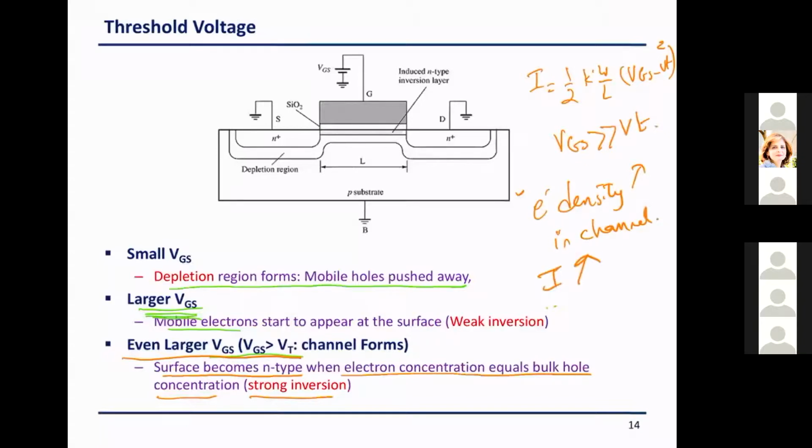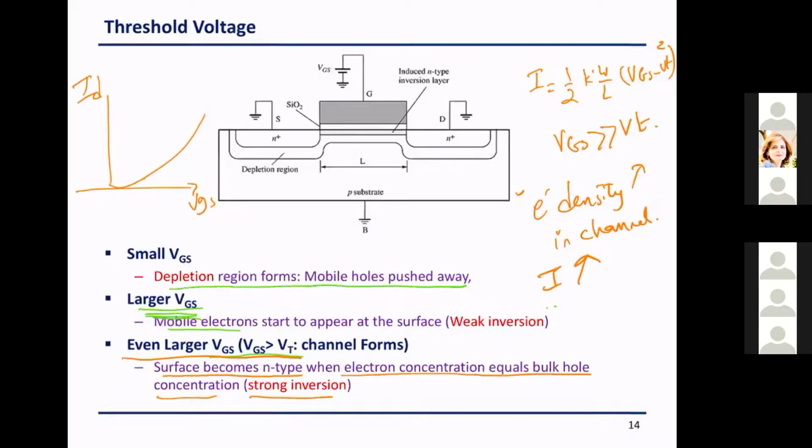But I need the channel to form in the inversion layer to be able to conduct, okay? So when I start to attract the electrons, I measure VT as a function of VGS when the current becomes higher than zero, right? When the current rises above zero, we switch to the on state.